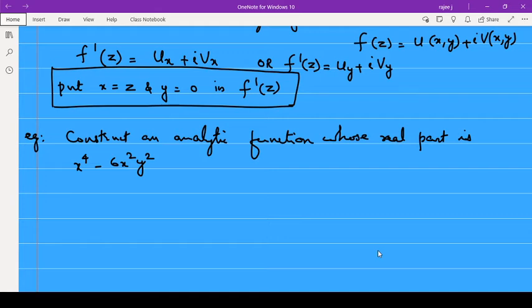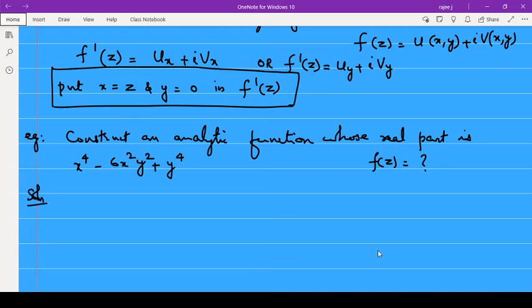I told you there are 2-3 methods, but we are not doing all that. We will be doing this. So construct an analytic function means we need to get f of z, whose real part is given.